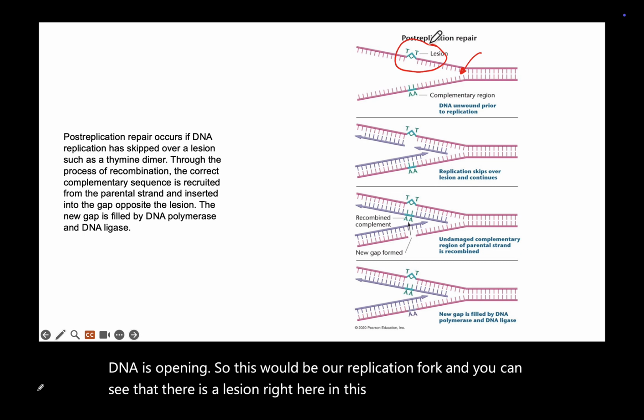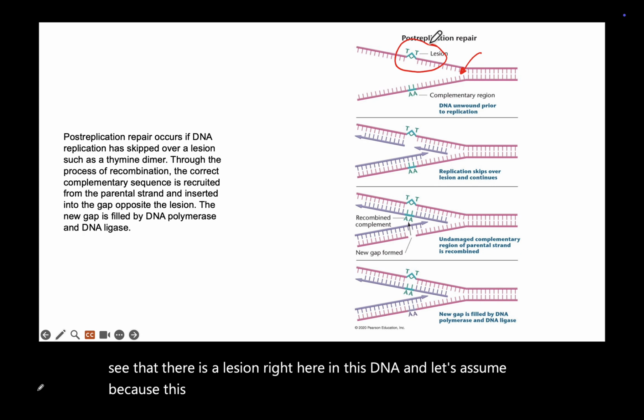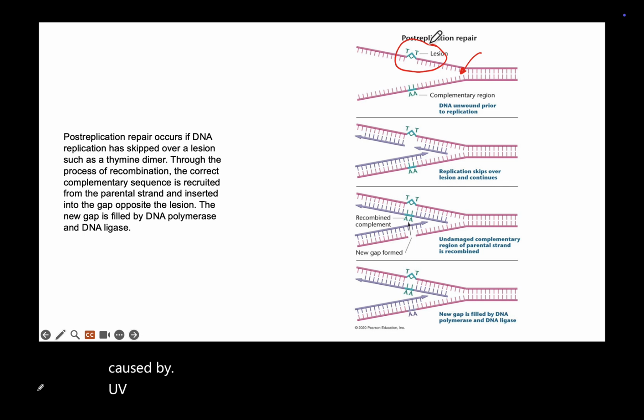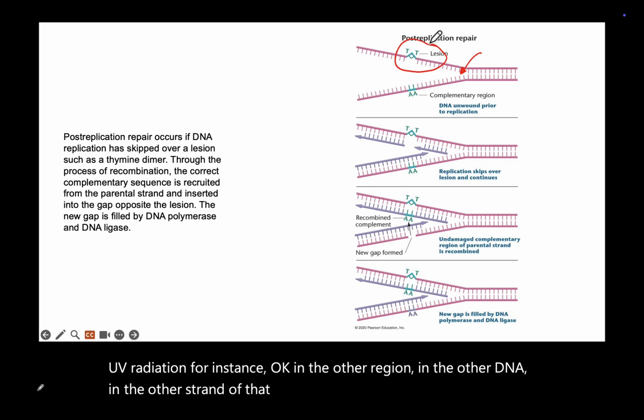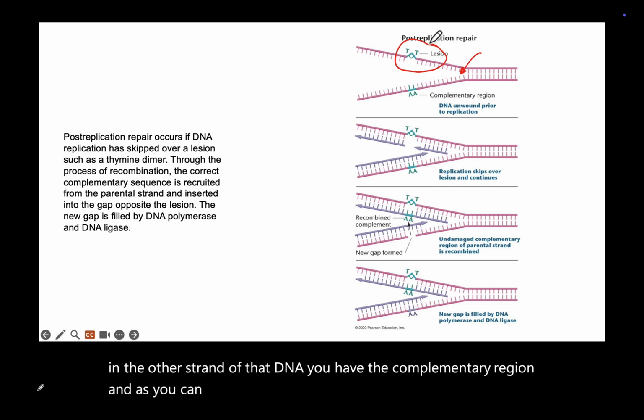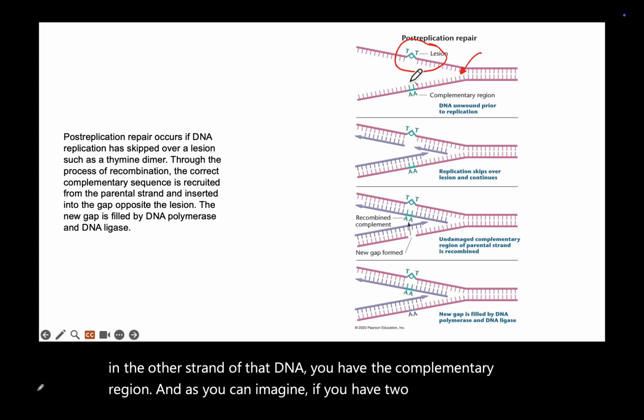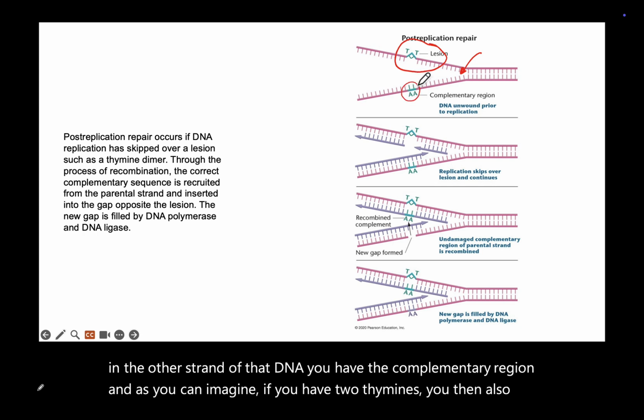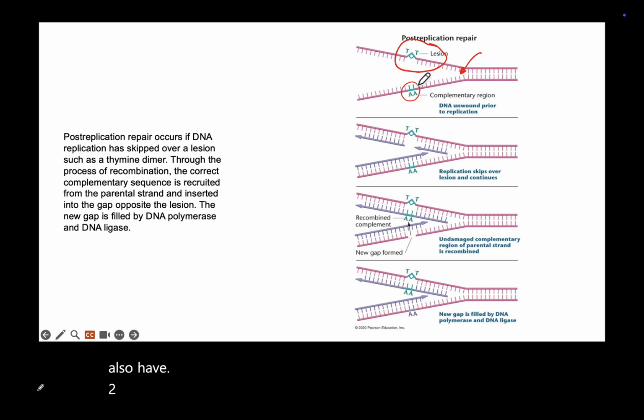Let's assume, because this is a thymine dimer, that this lesion was caused by UV radiation, for instance. Okay? In the other strand of that DNA, you have the complementary region. And as you can imagine, if you have two thymines, you also have two adenines.